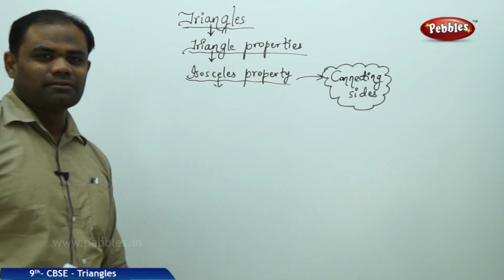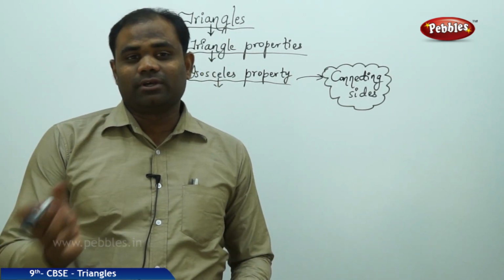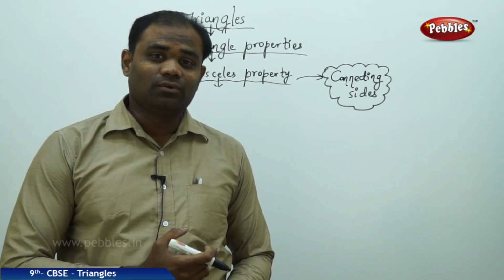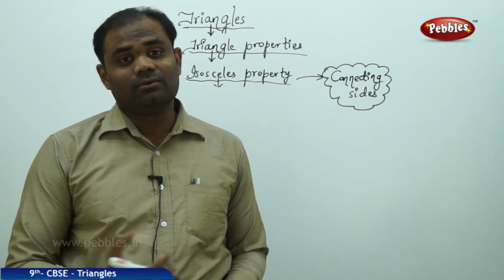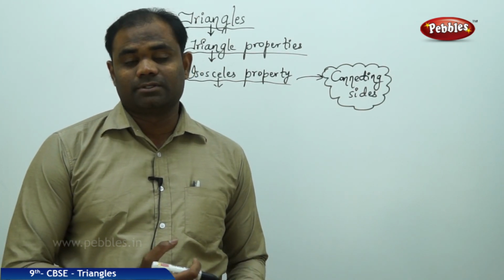As in the previous session, we have seen that when two sides of a triangle are equal, the angles opposite to those sides are equal. Let's see what if the two angles are equal in a triangle. Will it still be isosceles? This is the biggest question.